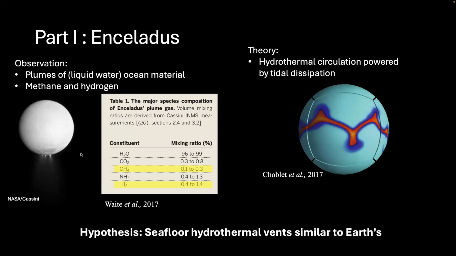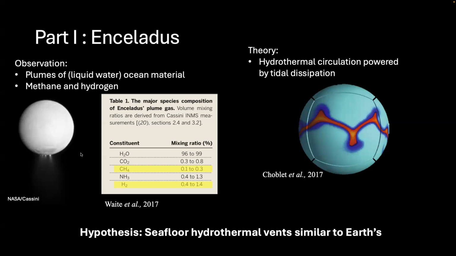So we have evidence of physical processes that put warm water in contact with rock, and molecular evidence of potentially hydrothermal chemistry happening. It led people to hypothesize that maybe Enceladus had seafloor hydrothermal vents, just like those that we have on Earth. Not any hydrothermal vent, but even a specific kind called the alkaline smokers. It's not the black ones with all the worms.